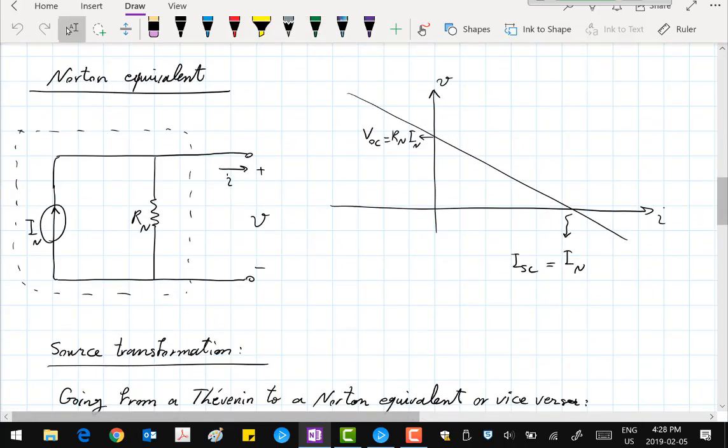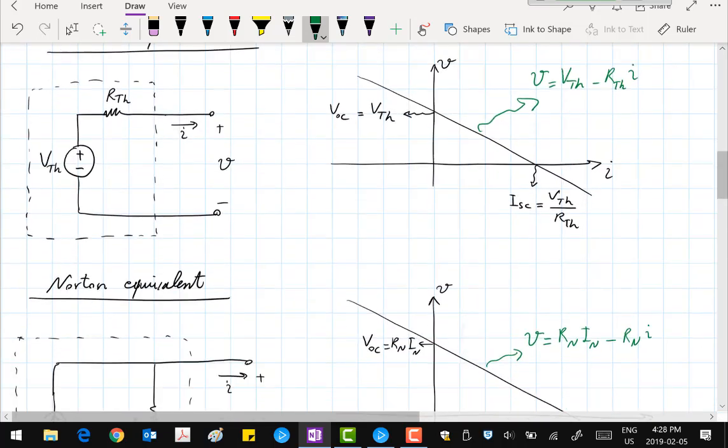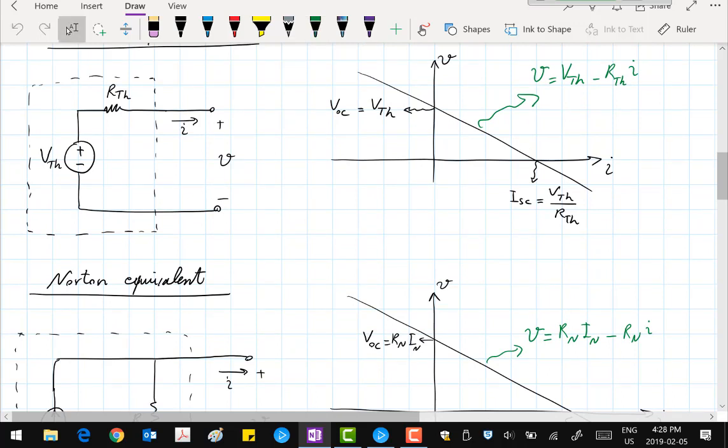So that's just the equation for that line. And same here, you can write the equation for the line. Right? If I is 0, I get Rn In. If V is 0, I get In. So for that specific case, and you see this goes back to the question that we had. You see the way I have defined these directions, I have negative R Thévenin or negative R Norton in the equation.